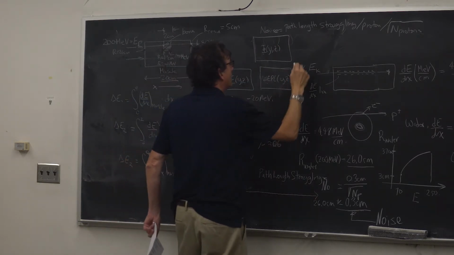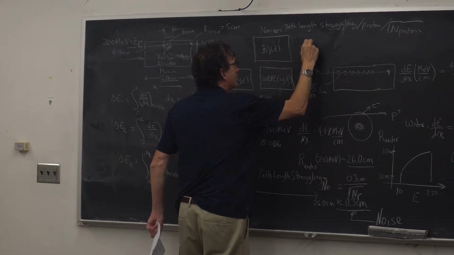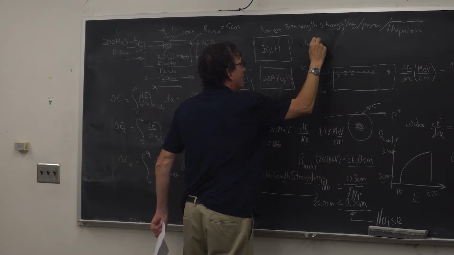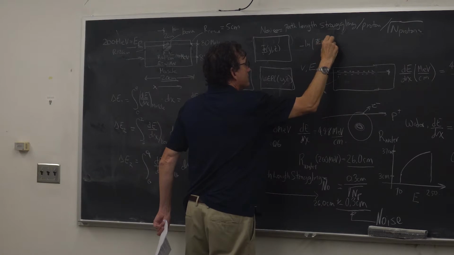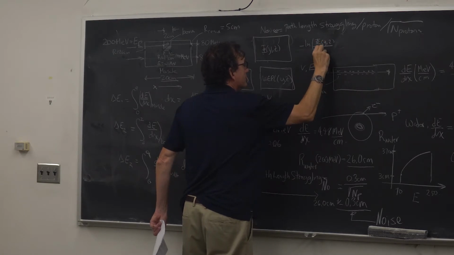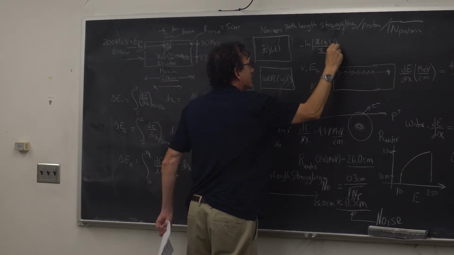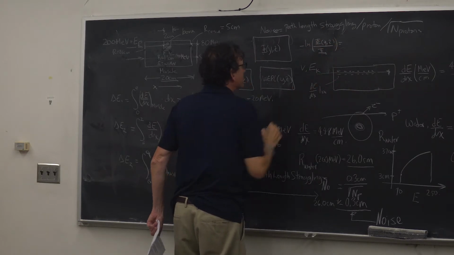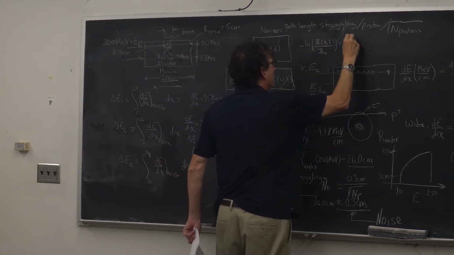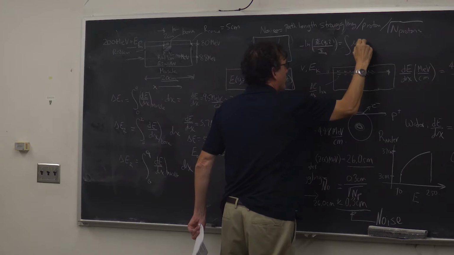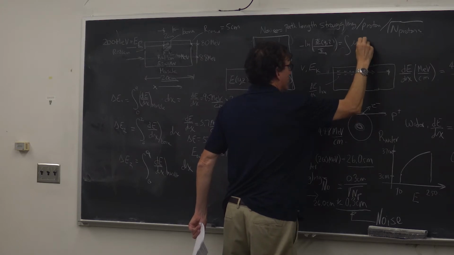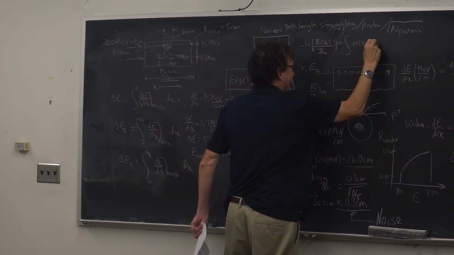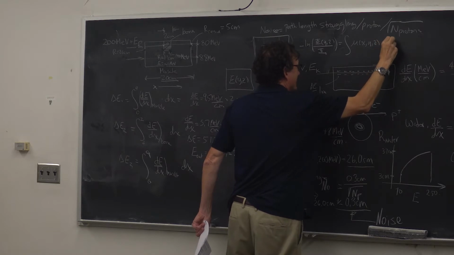Or if I took the negative log of that, phi of YZ divided by the incident image intensity, then I would get that this would be equal to the integral of mu of XYZ dx.